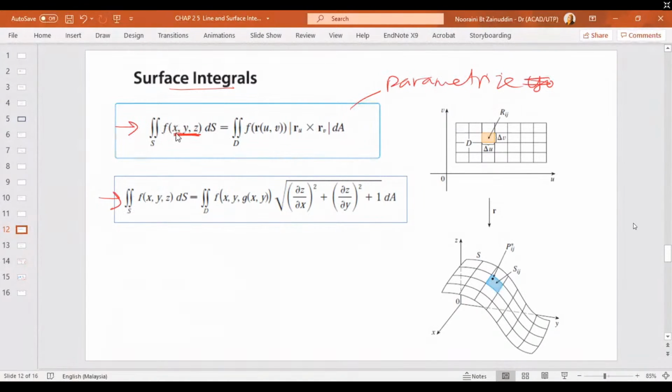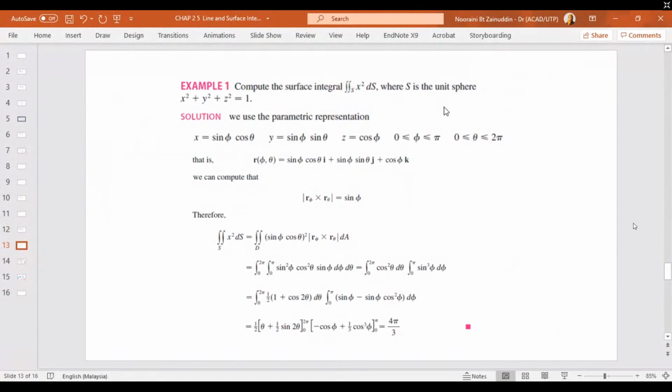It only has 2 variables with respect to your area, so you need to parameterize into just 2 variables, not 3. That's why in the previous example, you have 3 variables here, x squared plus y squared plus z squared equals 1. You can split it basically if you want.